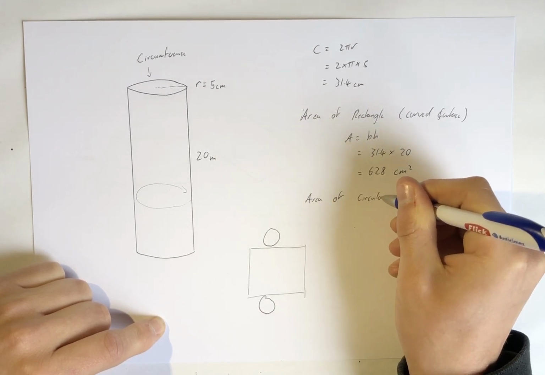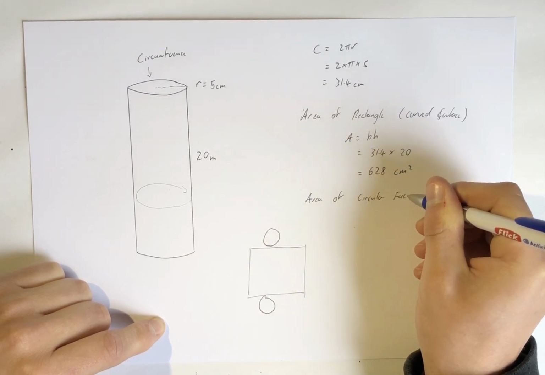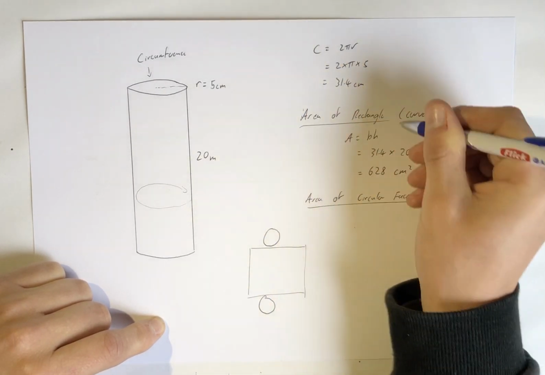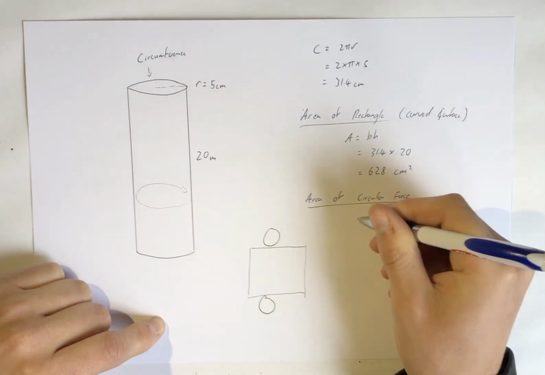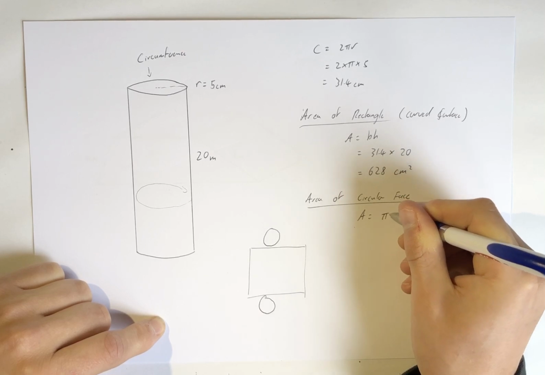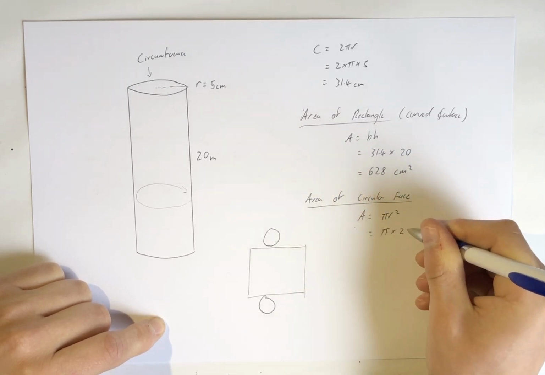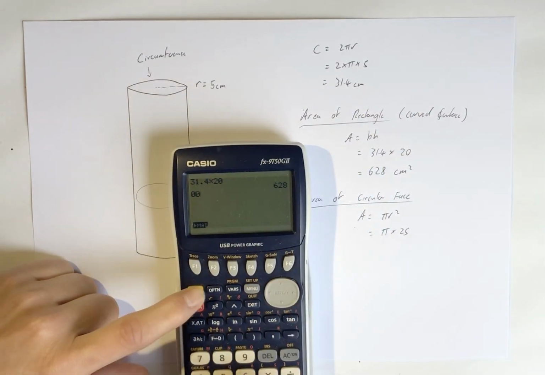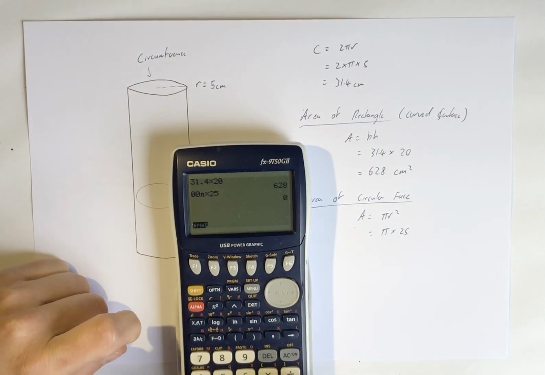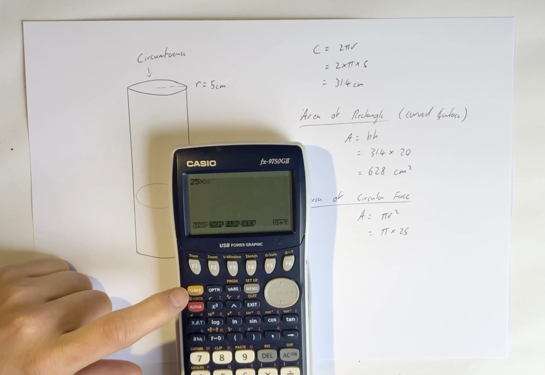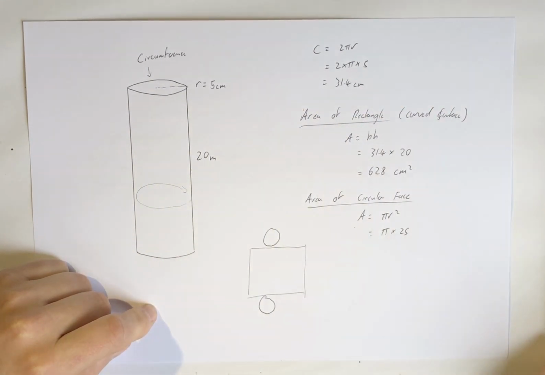And then we want the area of the 2 circular faces. The area of the rectangle we've done, and we want the area of the circular face. Well, its area is pi r squared, isn't it? So it's pi times 25, which is 78.5.